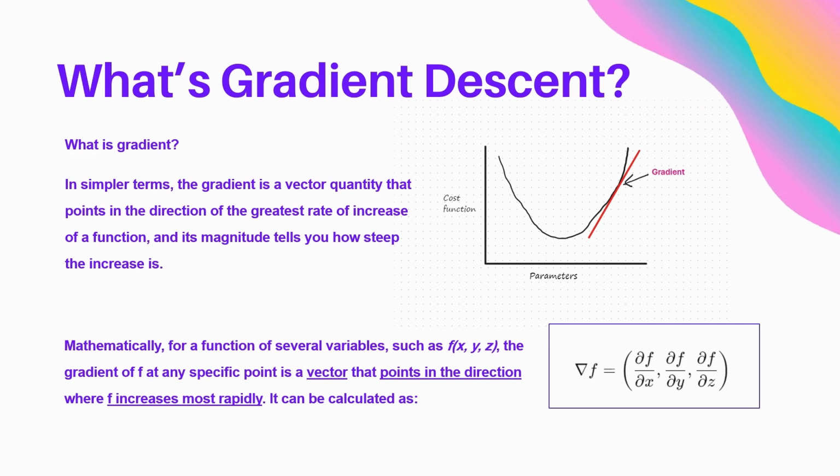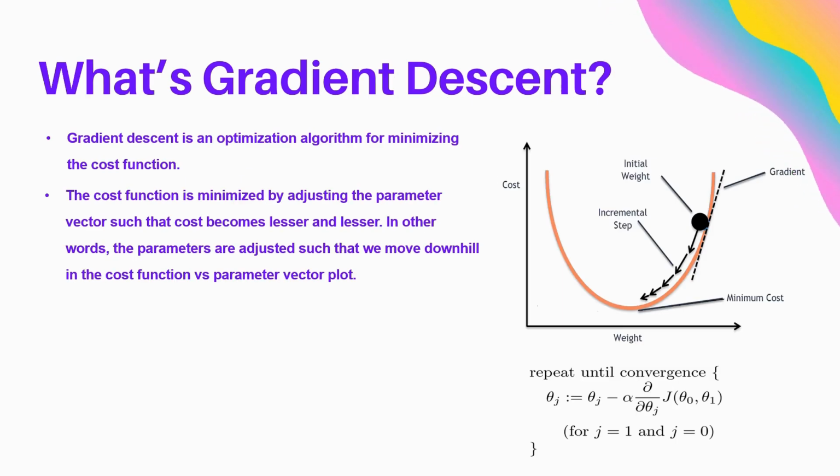Now let's understand the gradient descent algorithm. Gradient descent is an optimization algorithm for minimizing the cost function. A moment before, we understood what a gradient is. I'm showing here a plot of cost function versus the weight vector or the parameter vector.